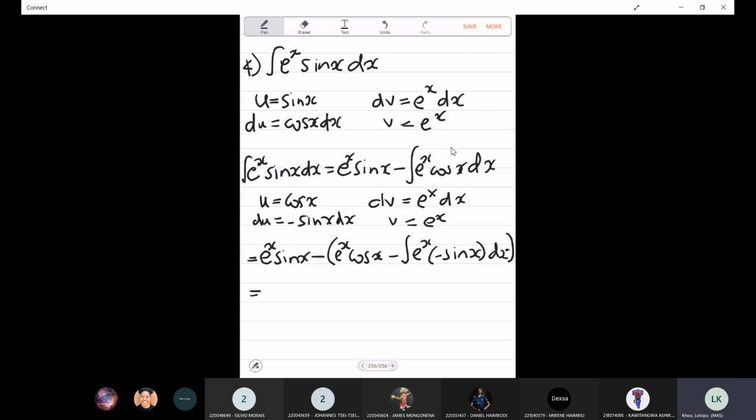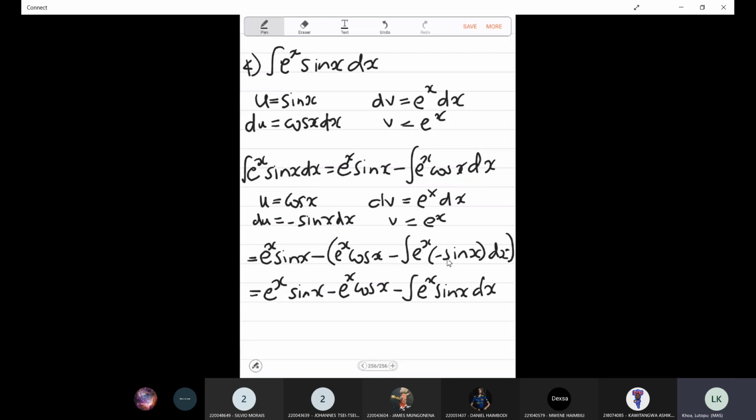Okay, so this is e to the power of x sine x minus e to the power of x cos x. And now here I have negative, negative, negative. So that will be negative integral of e to the power of x sine x dx.